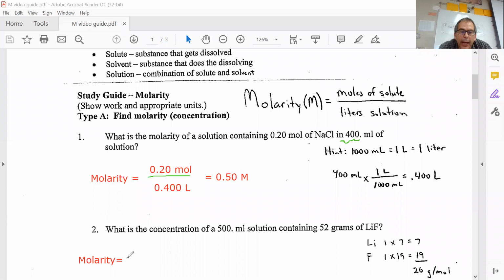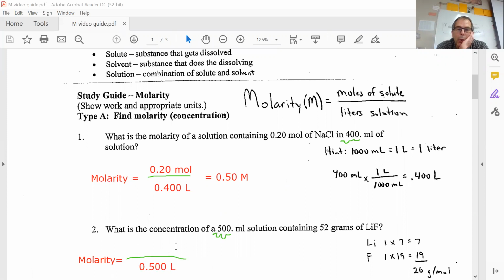So I'm going to do a little line here. I'm going to take care of my liters. 500 milliliters, I'm going to slide my decimal 1, 2, 3 spots and call that 0.500 liters.